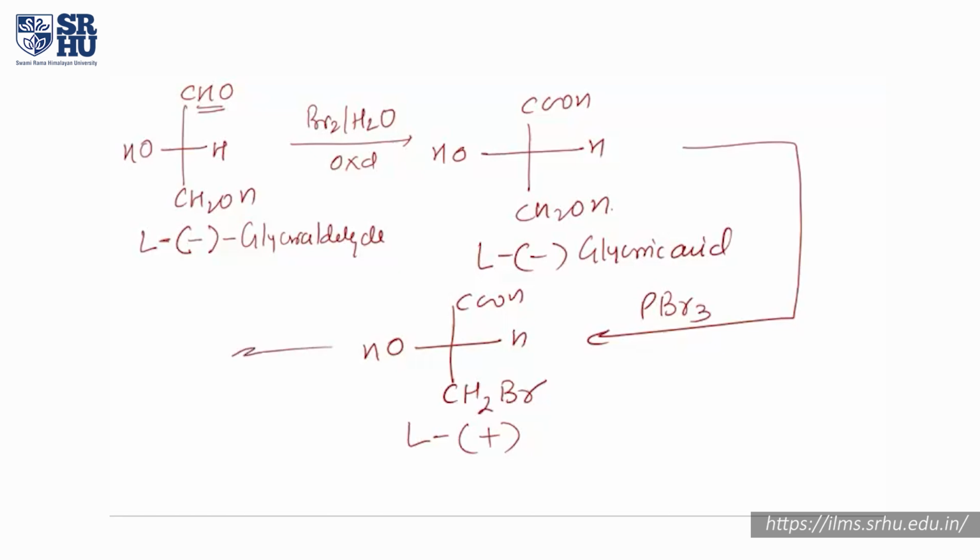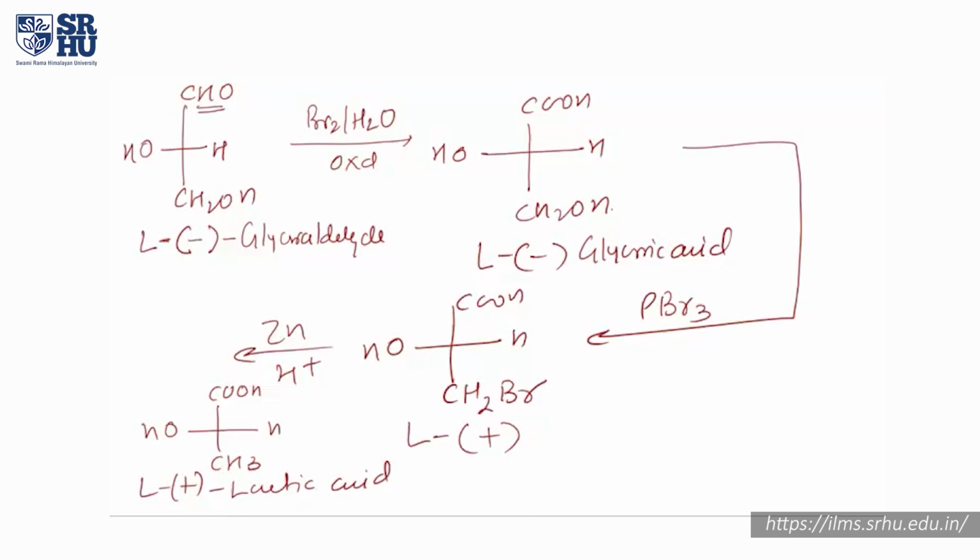Now when you treat this compound with zinc in an acidic environment, you get OH, H, COOH, and CH3. Now you get lactic acid, and this lactic acid would belong to the L family, but this lactic acid is dextrorotatory.